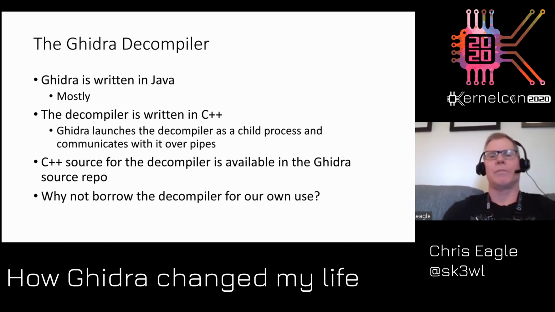Ghidra interacts with the decompiler by shelling out to it, creating pipes between the Java side and the decompiler executable, and the decompiler just reads from standard in and standard out. So there's a conversation that takes place between Ghidra proper, the Java portion of Ghidra, and the Ghidra decompiler in C++.